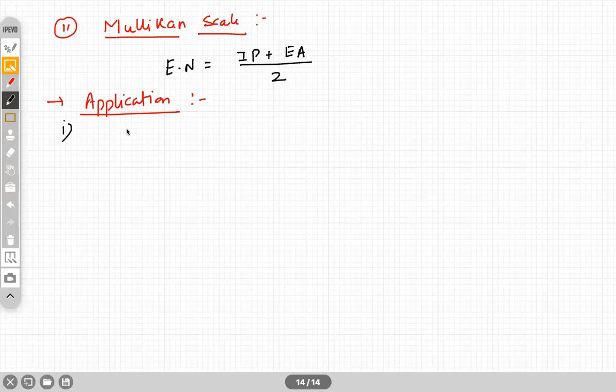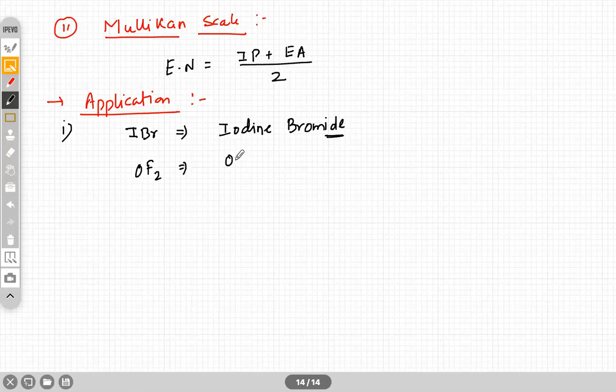So for example, if I have IBr, bromine is more electronegative. The name of this compound is iodine bromide. The "ide" suffix will be added at the end. Okay. OF2, oxygen difluoride. Fluorine is more electronegative. Oxygen difluoride.